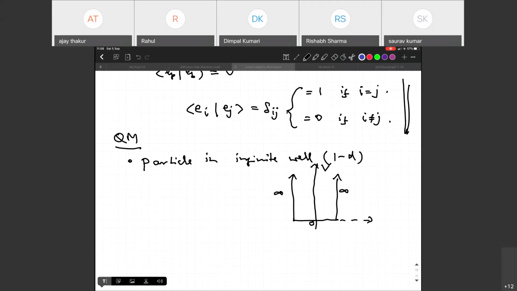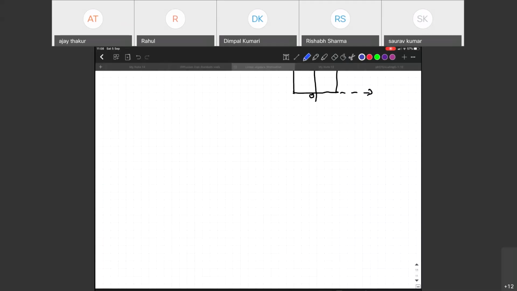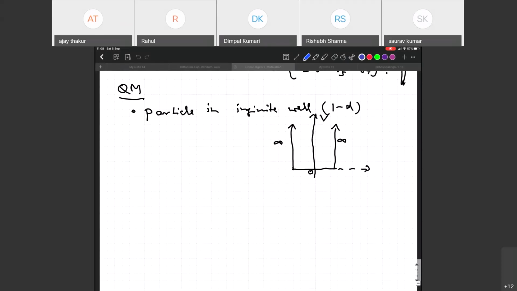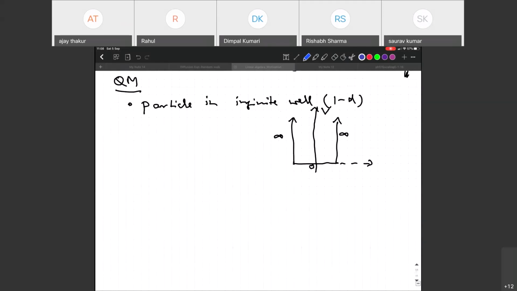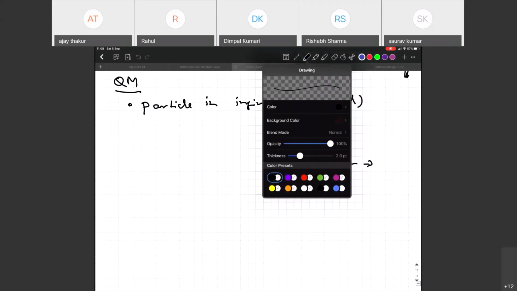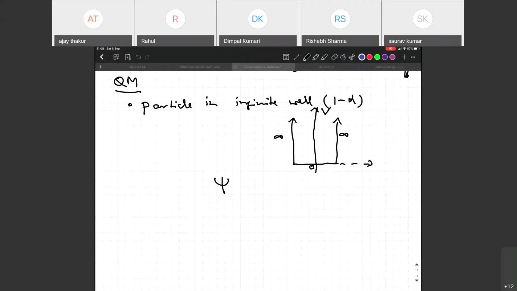For this scenario, you know that the wave function psi can be written as root over 2 by A times sine of n pi x by A, where this is 0 and this is A. So let's just mark the.